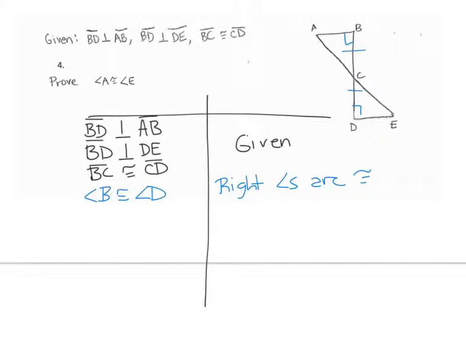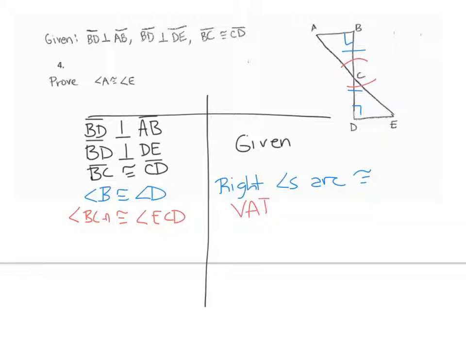And now I need to look at what I have to work with in the diagram. I know that these two angles are congruent by vertical angles. So instead of writing angle C is congruent to angle C, I'm going to write angle BCA is congruent to angle ECD by the vertical angle theorem.